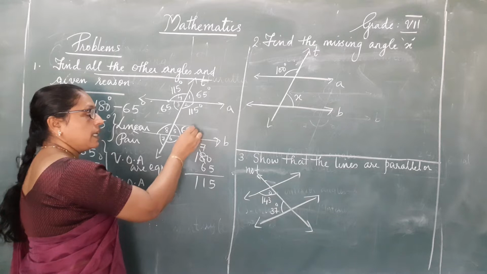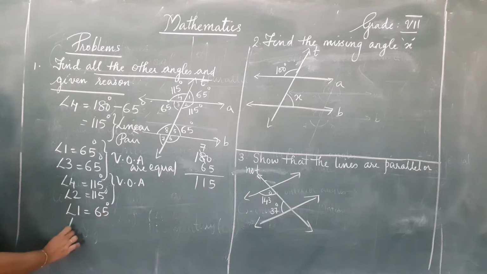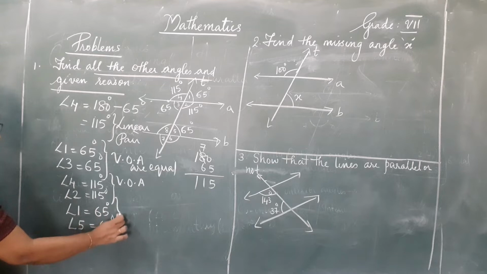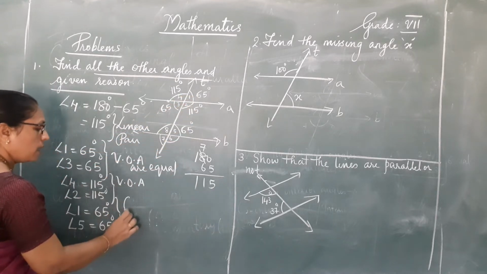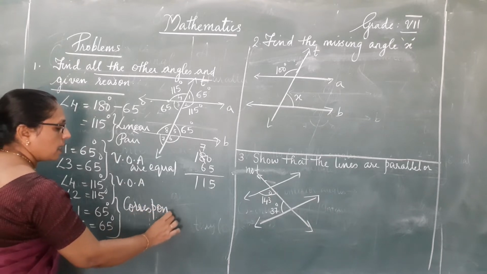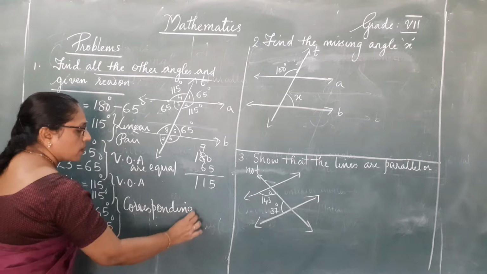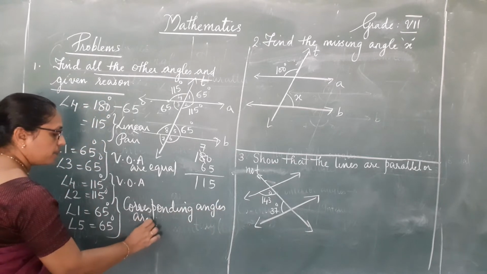We have to write that matching. Angle 1 equals 65, so angle 5 is also 65. What is the reason? Angles at the same position, known as corresponding angles, are equal.